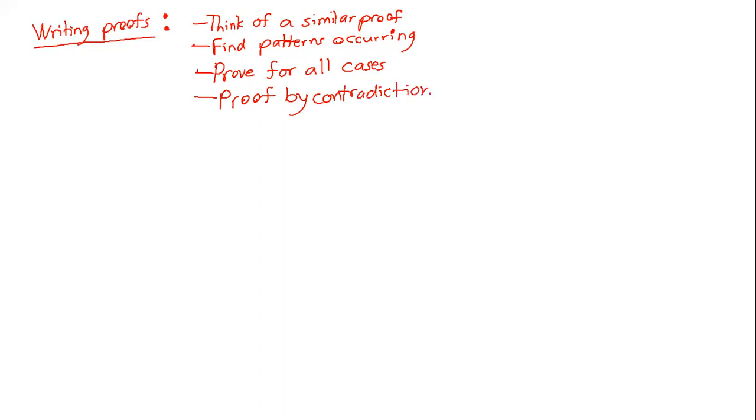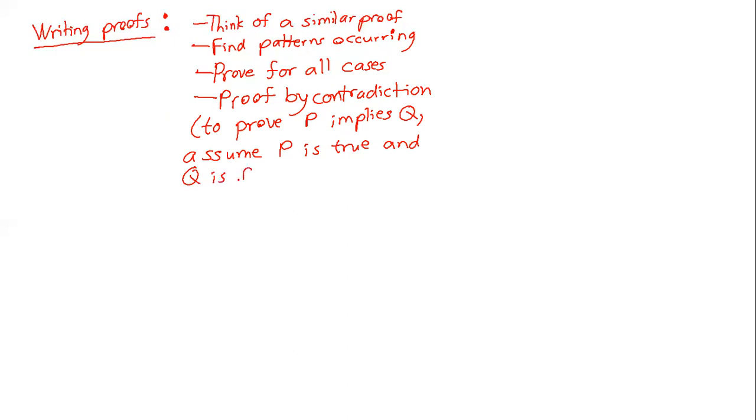This is a bit more sophisticated. So that would be a case where something like the following, it would need a bit more depth in the loose description I'm going to give here. But to prove that P implies Q, assume P is true and Q is false, and prove that's impossible so that Q has to be true.